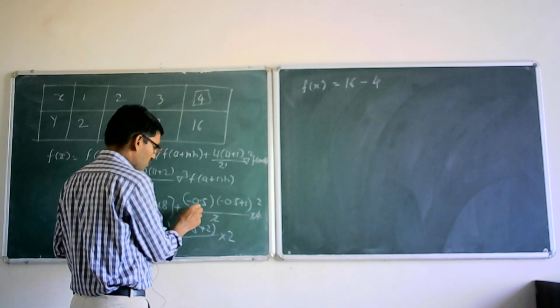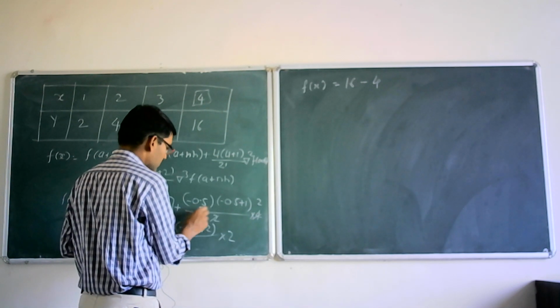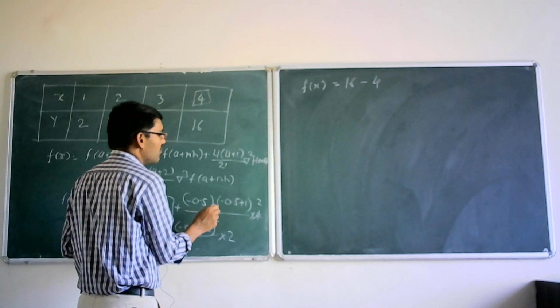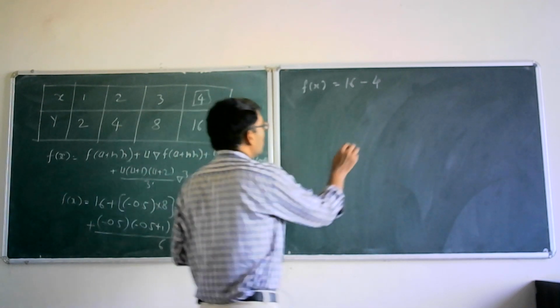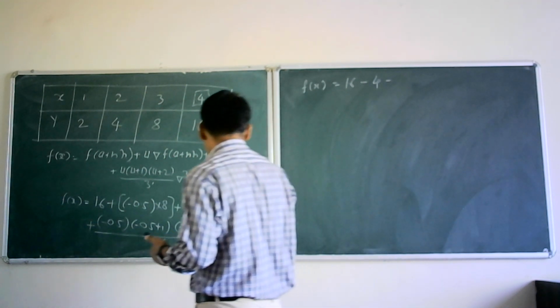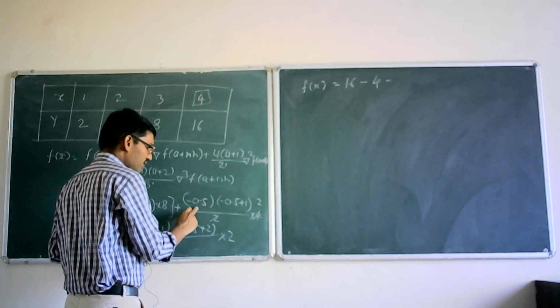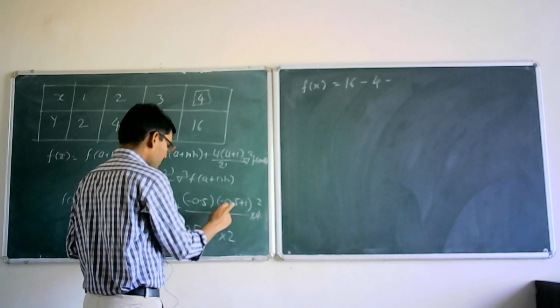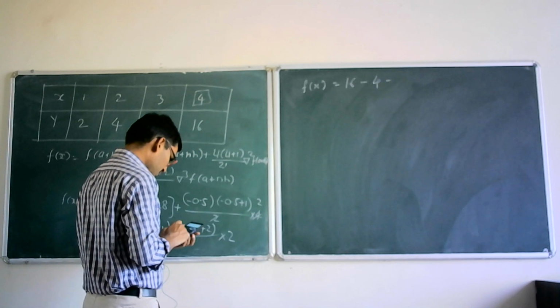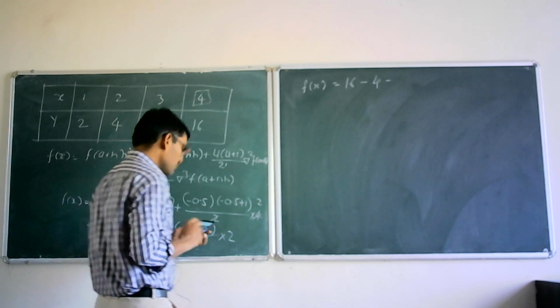Minus and plus become minus. Then 0.5 and 0.5, 0.5 multiplied by 2, so it is 0.5.